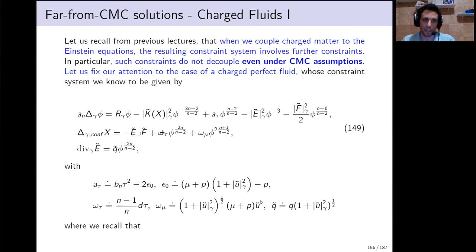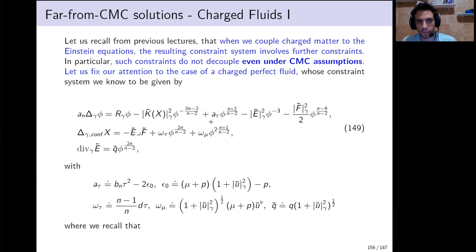So from the beginning, we see that these systems rely on our understanding of how to deal with this kind of fully coupled systems that involve not only the Lichnerowicz equation and the momentum constraint, but further equations, in this case, quite a simple equation that we are adding, arising as an electric constraint. Okay, so this increases one level of difficulty in the analysis, and the idea is to present the analysis in this case now.